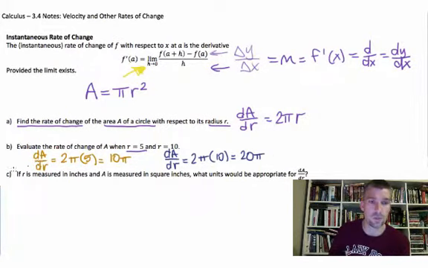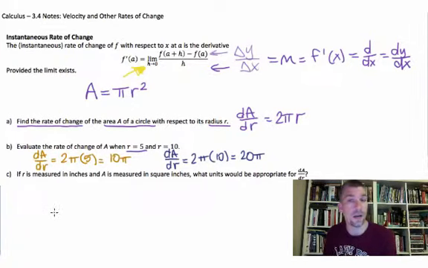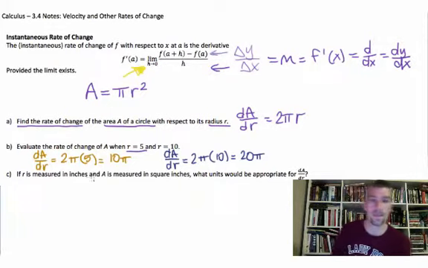And so then the last question is, if r is measured in inches and A is measured in square inches, what units would be appropriate? And so in this case, we have to really pay attention to what's going on. First off, we're told that r is measured in inches.